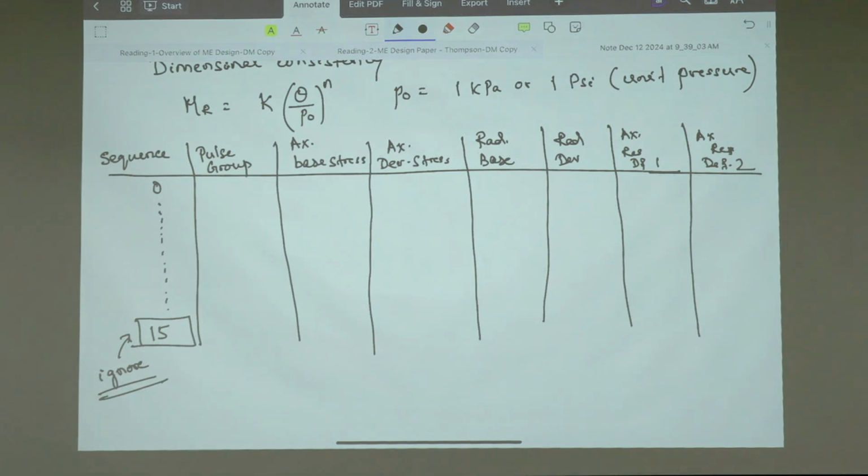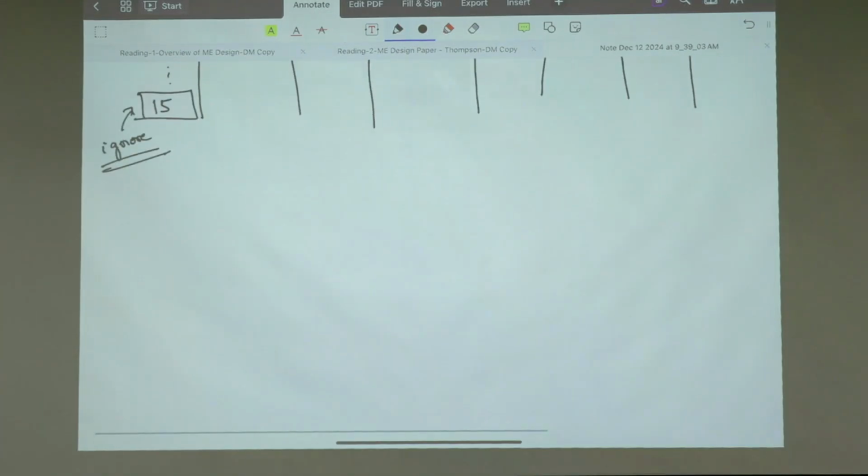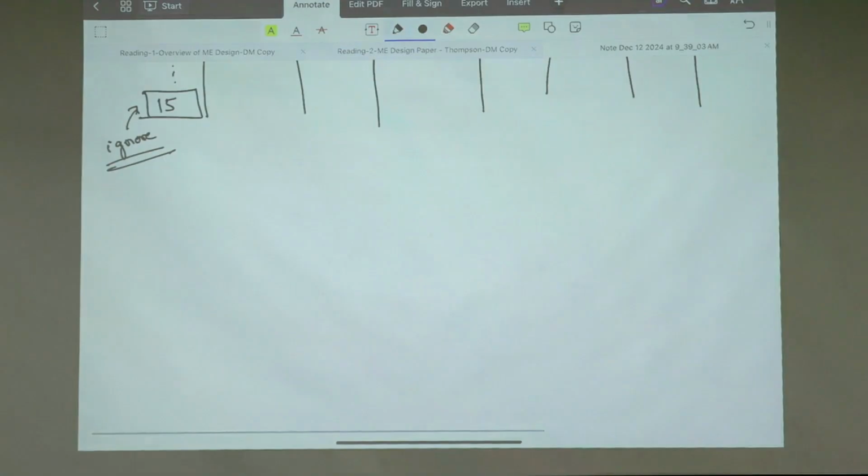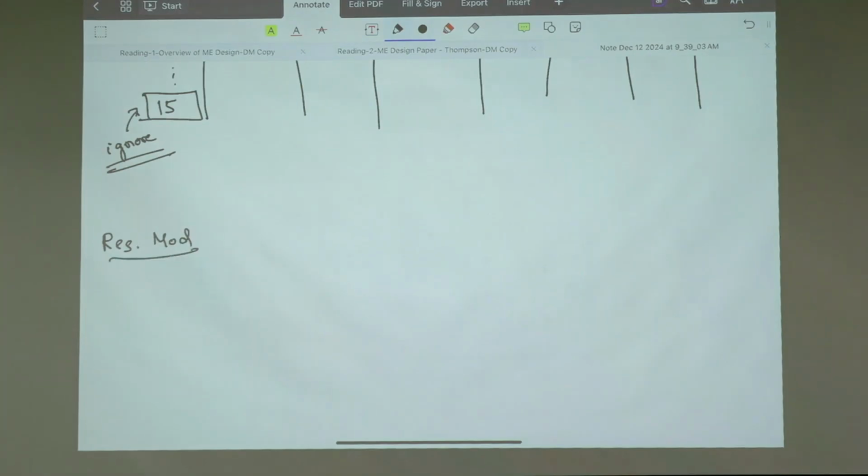Because for the resilient modulus test, we said there are 15 stress sequences, so 0 to 14 is 15 stress sequences. Then pulse group, we had 1, 2, 3, 4 pulse groups. What I said is for the resilient modulus test, for every stress sequence you have 100 pulses per sequence.